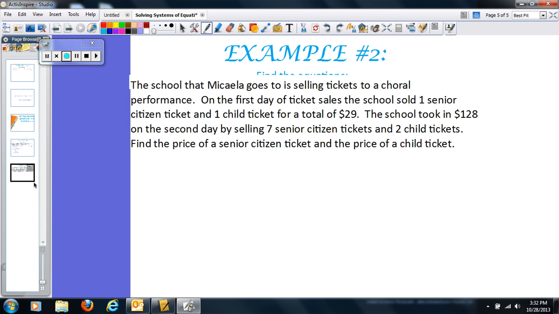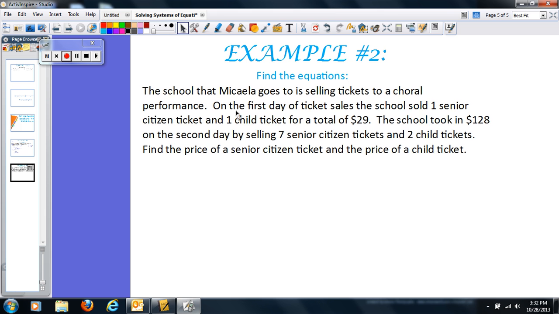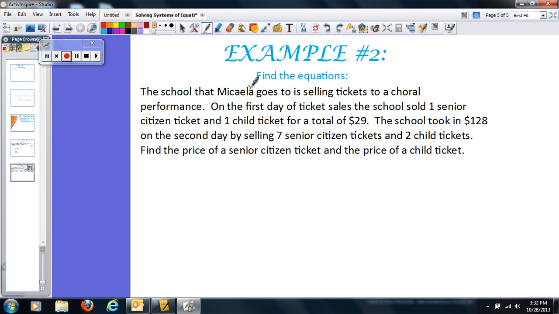Now let's go ahead and look at example number 2. We're going to start it the same way. It says the school that Michaela goes to is selling tickets to a choral performance. On the first day of ticket sales, the school sold 1 senior citizen ticket and 1 child ticket for a total of $29.